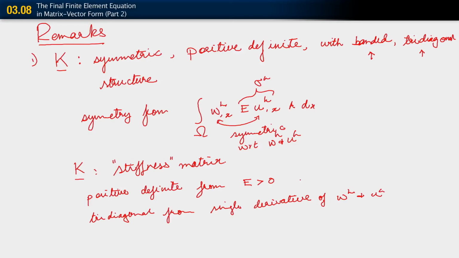Okay, there's a single derivative on each of them, and from the fact that we have linear basis functions. Okay.